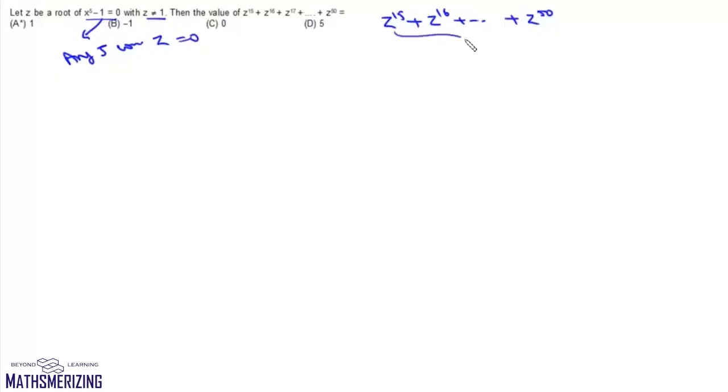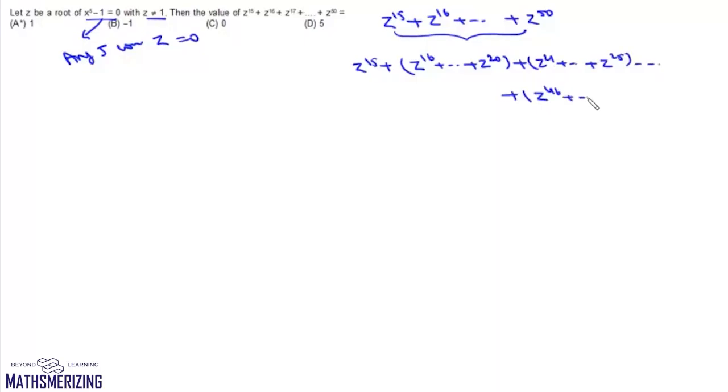So if we look at these numbers, they start from 15 and go all the way up to 50. So we'll have z to the power 15 and then plus the first set of consecutive powers from 16 to 20, then from 21 to 25, and finally from 46 to 50.